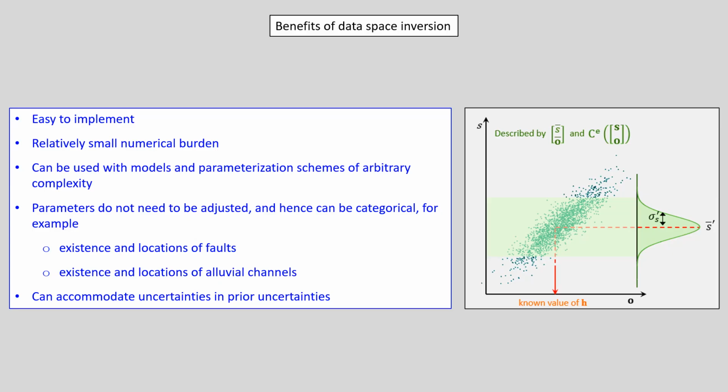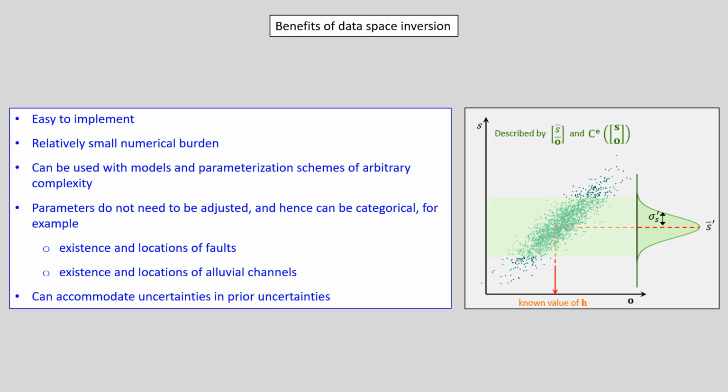DSI is flexible. The prior probability distributions of model parameters can be extremely complex. In fact, the notion of parameters starts to change because nothing has to be adjusted in the complex model. We just have to represent the range of possibilities that may exist under the ground. That range can be described by a complex prior probability distribution that may include categorical variables that embody connected permeability structures like faults or alluvial channels that may or may not exist, or may be here or may be there.